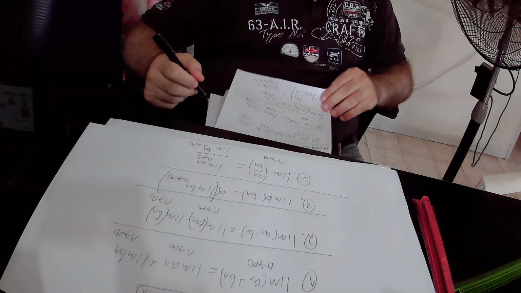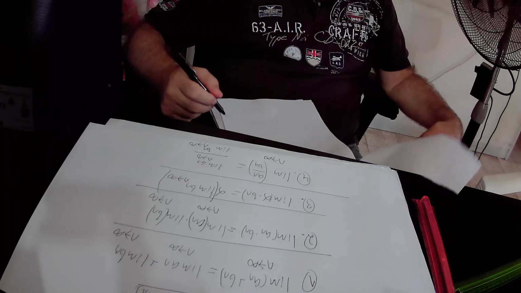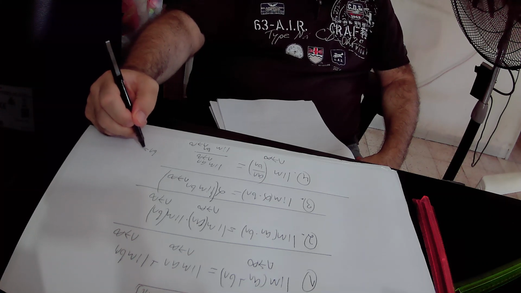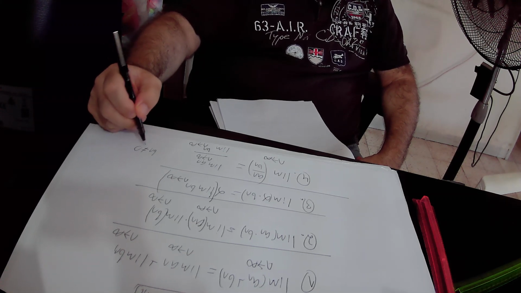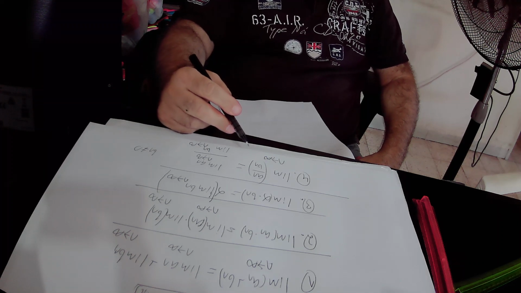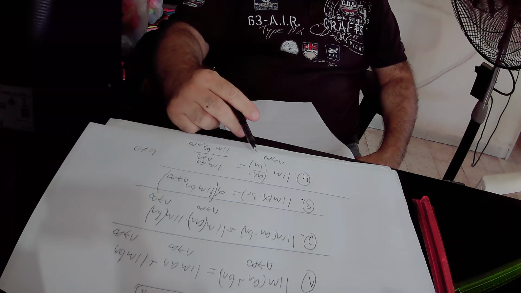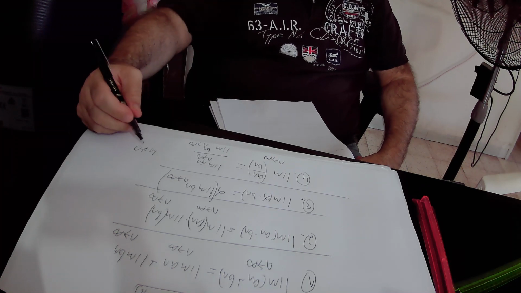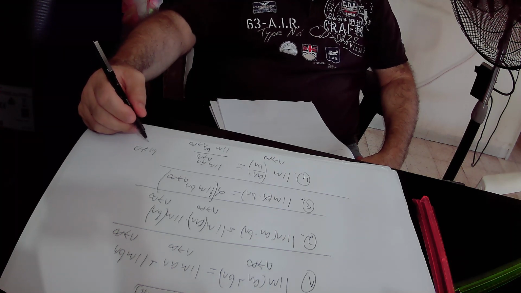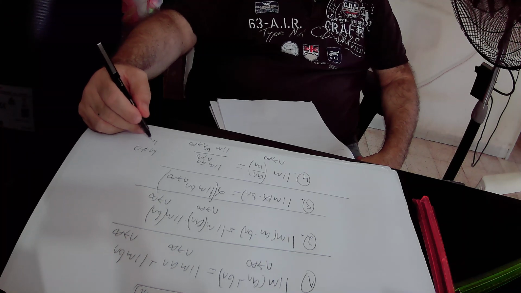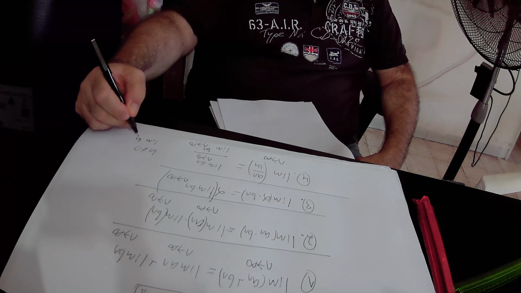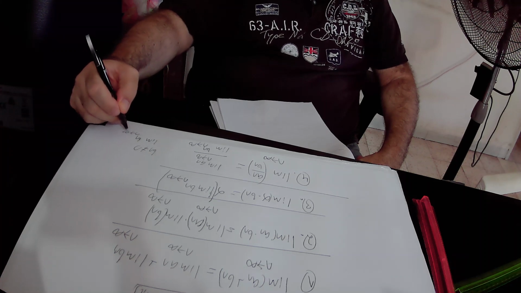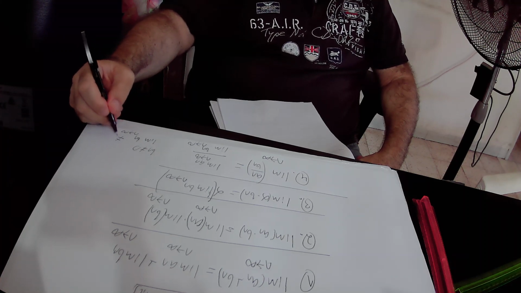And in this case, Bn cannot be equal to 0. Why? Because it is not allowable to divide by 0. Therefore, Bn cannot be equal to 0. And also, the limit of Bn when n tends to infinity cannot be equal to 0.